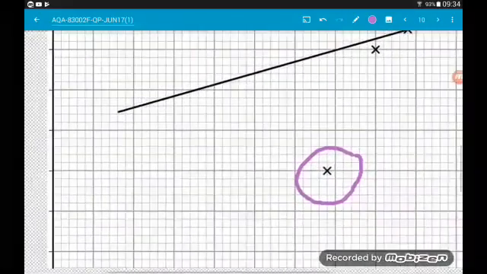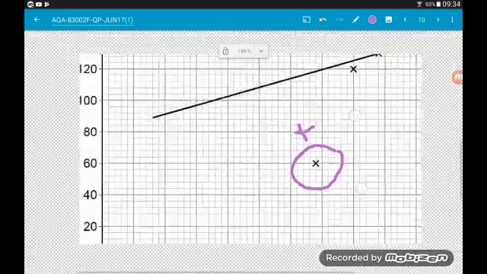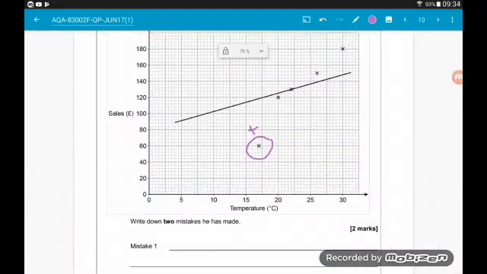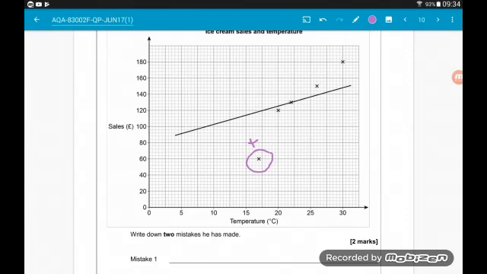So where this point should be is here. So that's the first mistake. And then the second mistake would be that his line of best fit doesn't really fit very well with the points. It should have a steeper gradient, so it should be something roughly more like that. That would fit a lot better with his points instead of the one that he's drawn.